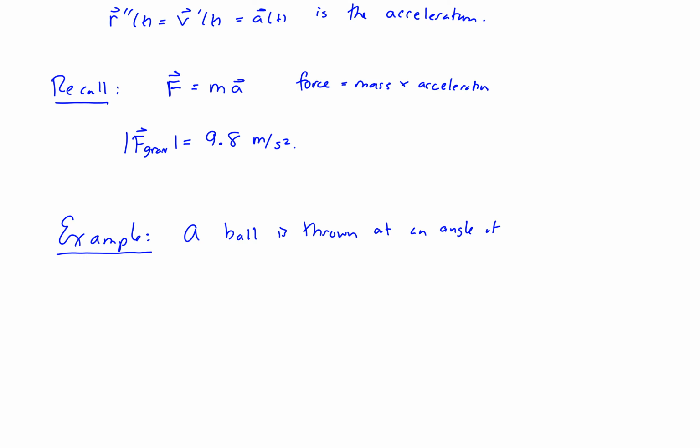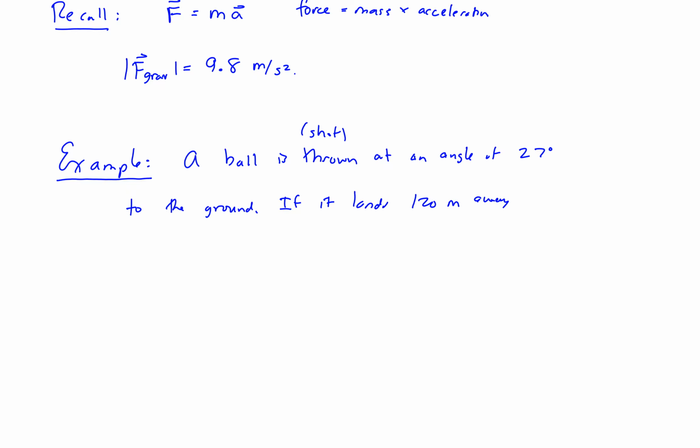Maybe thrown really hard or shot out of something at an angle of 27 degrees to the ground. Okay, so let's say it lands 120 meters from where we're standing. What was the initial velocity and speed?